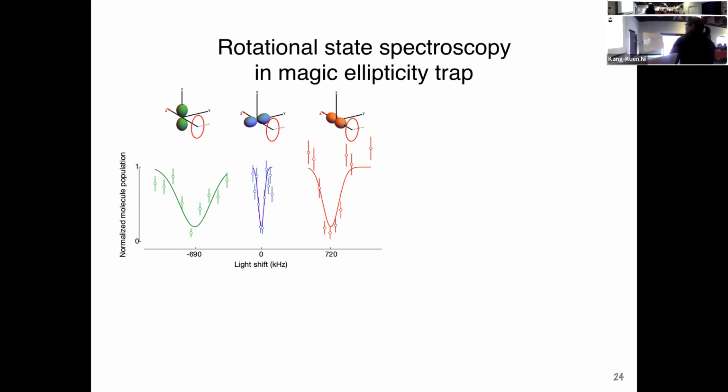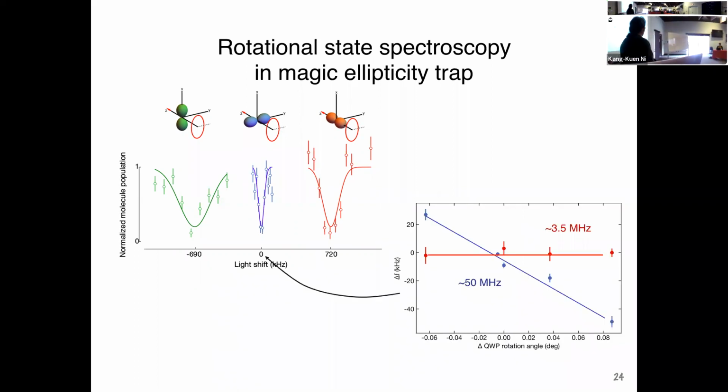These other states we can also couple to have strong light shift, as a function of two different trap depths. We can measure also as a function of this rotation angle that we can tune very finely. That's triggerable. And where they cross is where the differential light shift is zero.